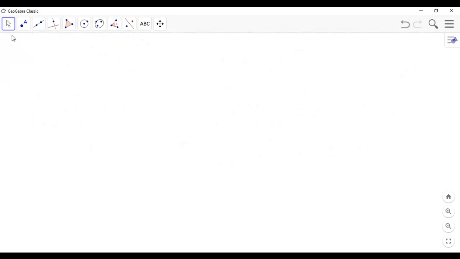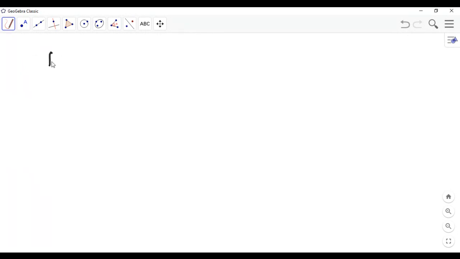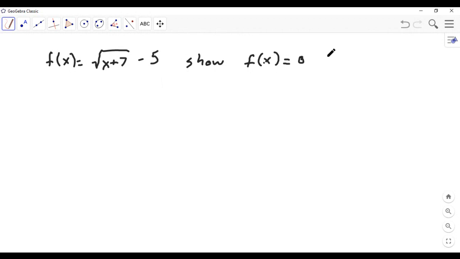So if you wanted to say, for example, you have the function f of x equals the square root of x plus 7 minus 5, and you want to show that f of x is equal to 0 somewhere between 0 and 5.